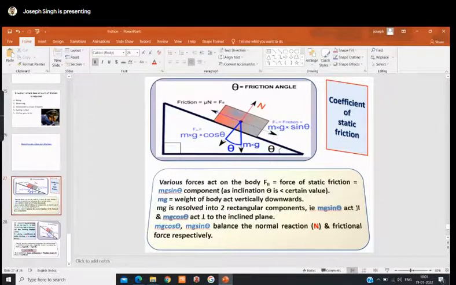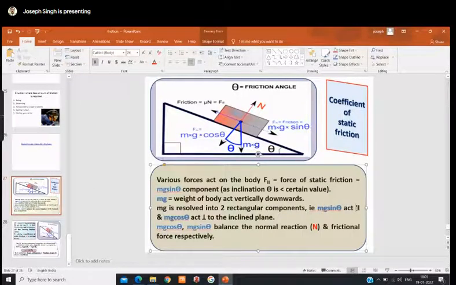I'll write here parallel. And mg cos theta. See, where is mg sine theta? It is acting parallel. And how is mg cos theta working? Perpendicular. Okay?